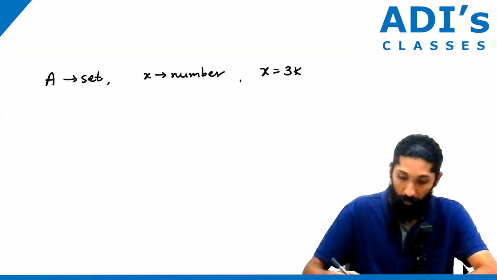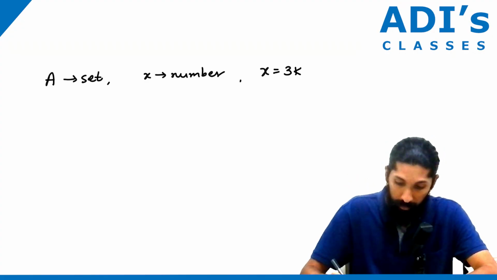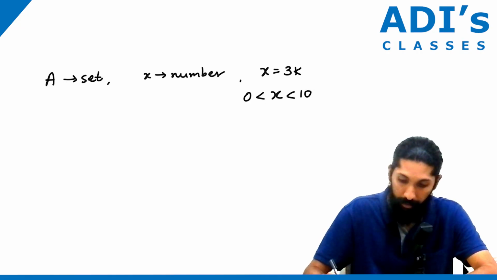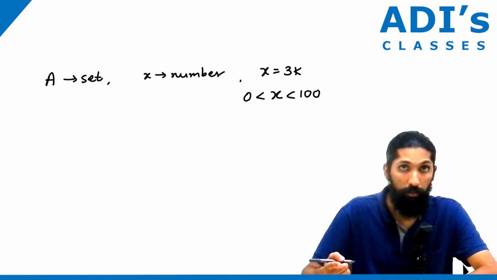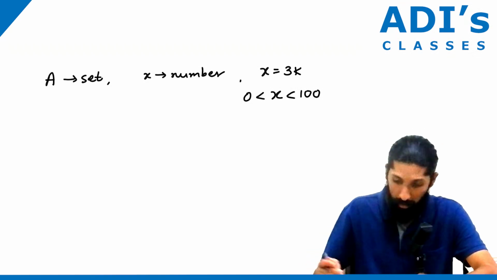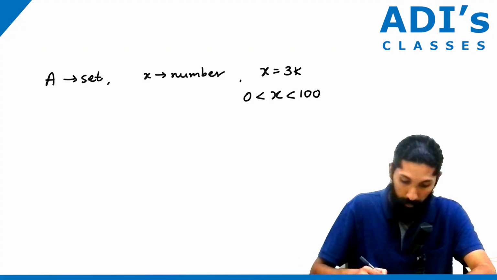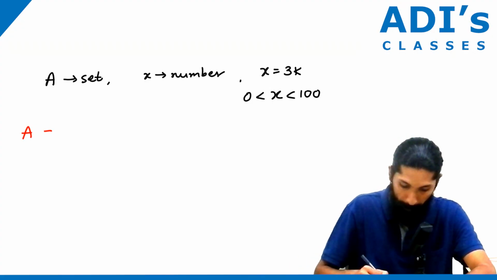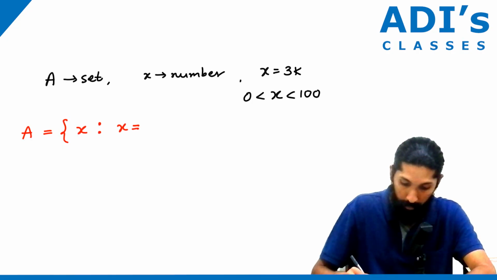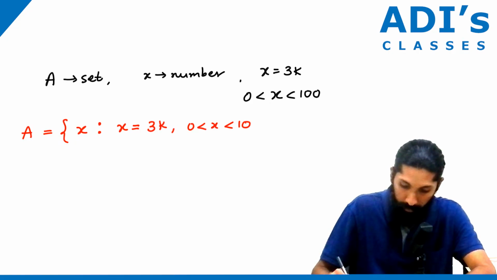So my other condition is that x should be greater than 0 but less than 100. Now let's club all of them together. So you are going to have A is equal to x such that x is equal to 3k and x is between 0 and 100.